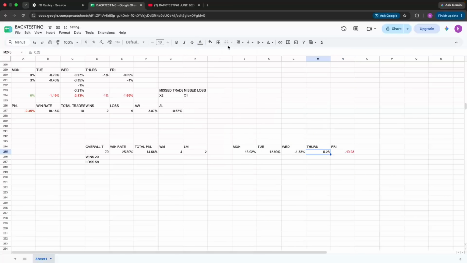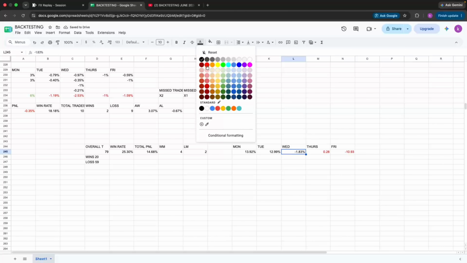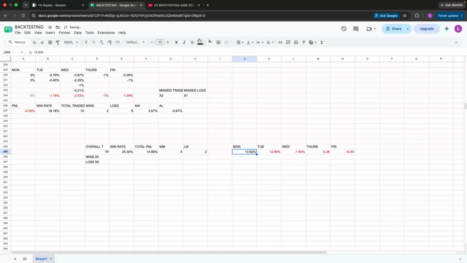So that is a very, very interesting result. But as you can see, Monday and Tuesday, very heavy hitters. Thursday I thought was my worst, as I always kept saying, Thursday and Friday seem like my worst days. But it looks like Thursday does better than Wednesday.